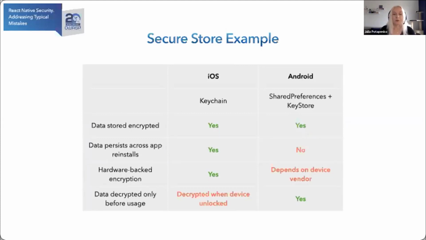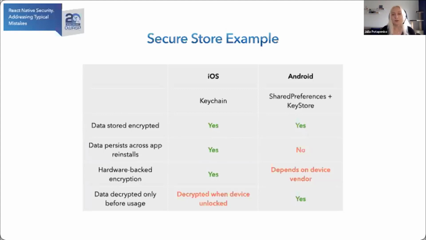Then for iOS, we have hardware-backed encryption starting from iPhone 5S. That was released several years ago. And for Android, there are still devices that do not have hardware-backed encryption, and probably you don't want to run your application on such devices.